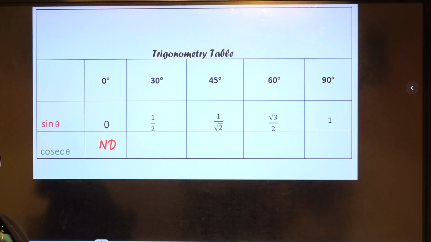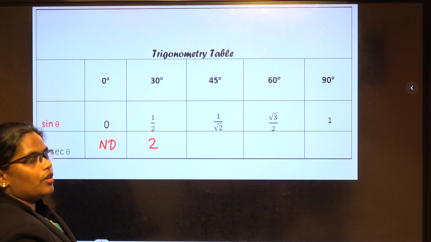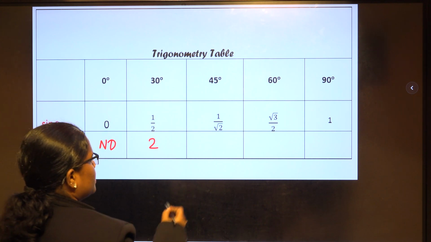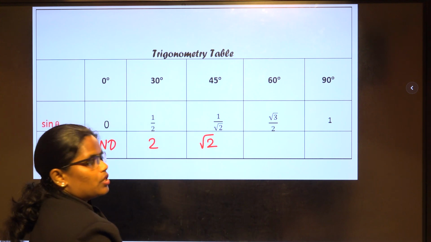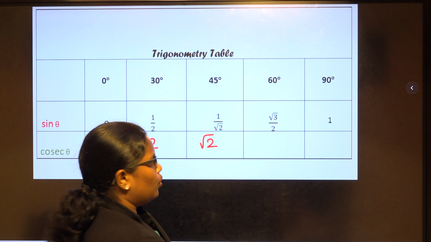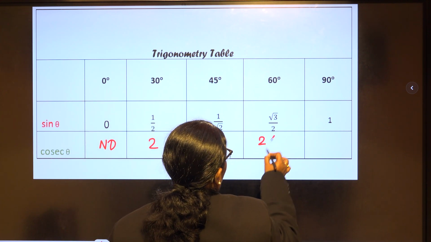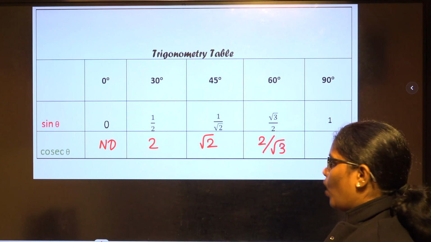Inverse of 1 by 2 is 2 by 1. We can simply write 2. Next, inverse of 1 by root 2 is root 2 by 1, and we can simply write it as root 2. Then, the inverse of root 3 by 2 is 2 by root 3. And the inverse of 1 is just 1.